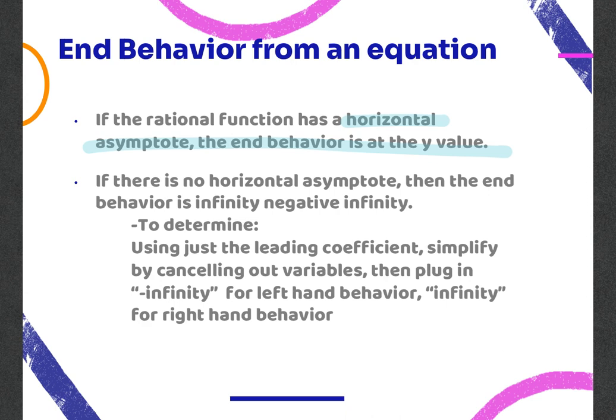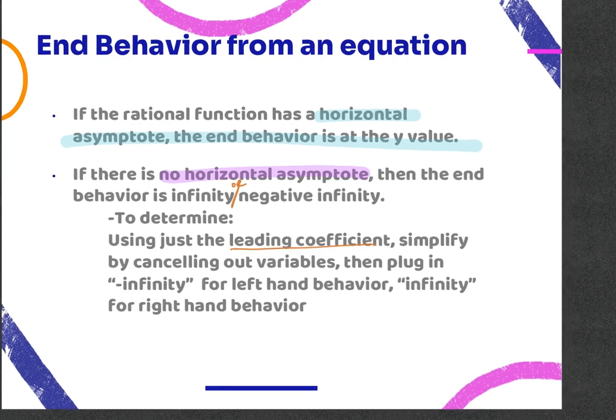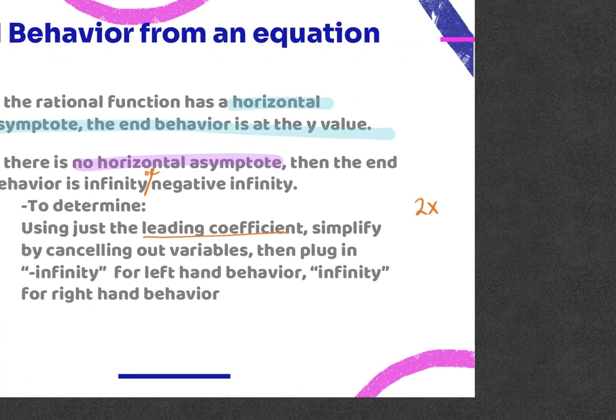If there's no horizontal asymptote, and this is where it gets a little weird, then the end behavior is either infinity or -infinity. And to determine that, we do something weird. We take our leading coefficients and we simplify. So if my leading term in the top was 2x to the third and the leading term in the bottom was x, then we simplify them literally by canceling out an x.